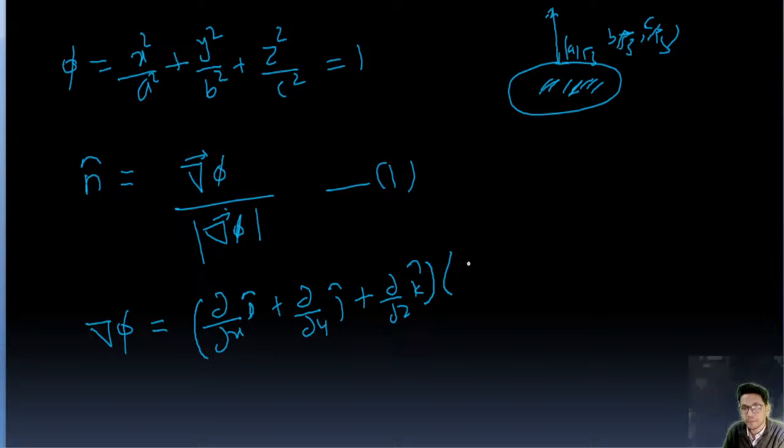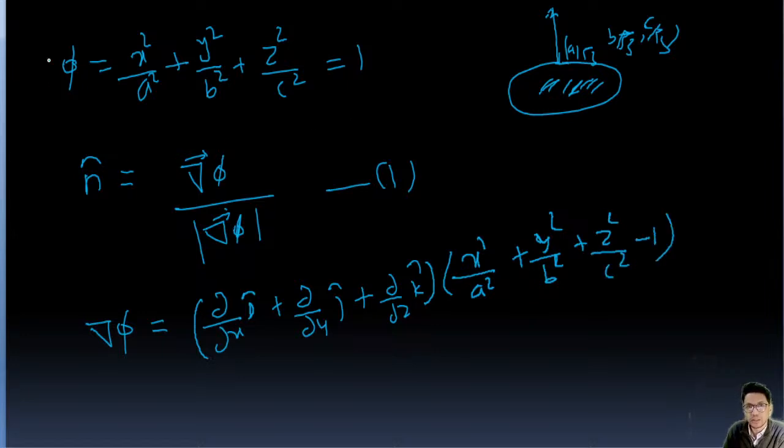Phi is x square upon a square plus y square upon b square plus z square upon c square minus 1. We will operate this on this.